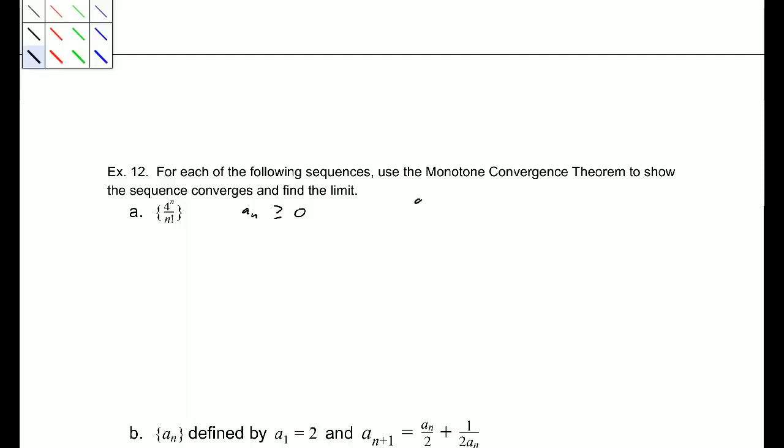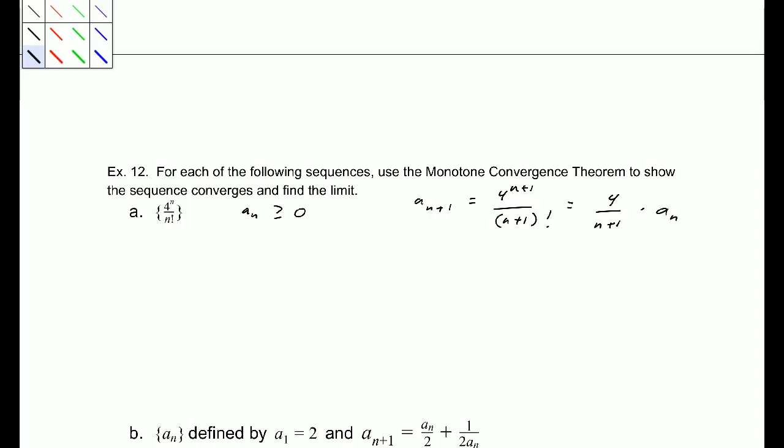Now let's consider a_{n+1}. Factorials make this pretty nice. So 4^(n+1) over (n+1) factorial is equal to 4 over (n+1) times a_n. We have 4^n and n factorial, so that is what happens there.